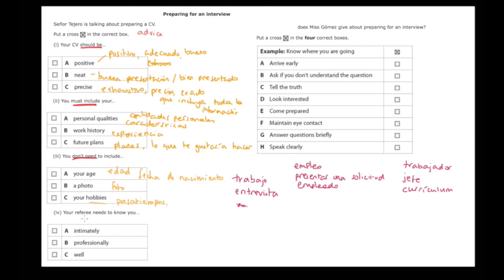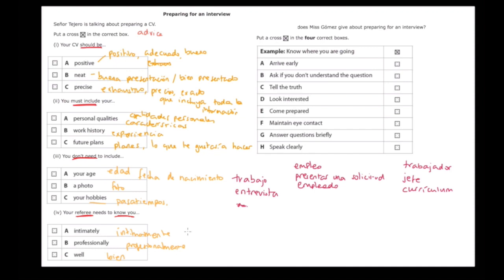And finally, your referee. Oh, for some reason this is not writing. Now, the referee needs to know you how? Intimately, íntimamente. Well, conocerlo bien. And professionally, profesionalmente, o que haya una relación profesional.